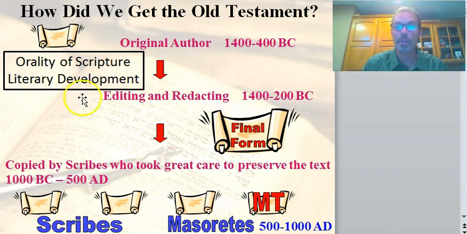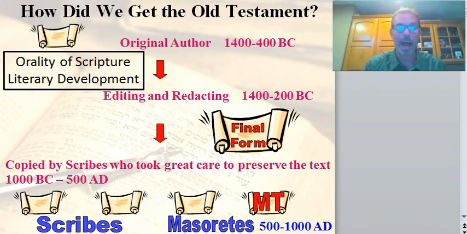So how did we get the Old Testament? Well, an original author wrote somewhere in that 1,000-year period. Maybe it was oral at first and then went through a literary development of editing and redacting, and then the books reached their final form in Hebrew, used by the community in about 200 BC. And then that final form of the text was copied and copied and copied by various scribes.